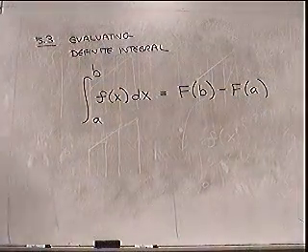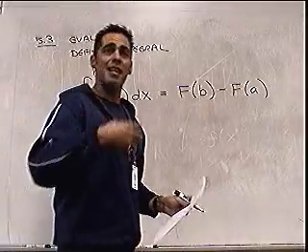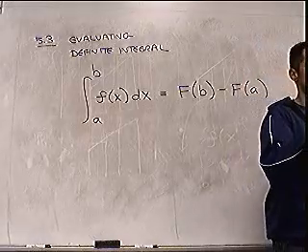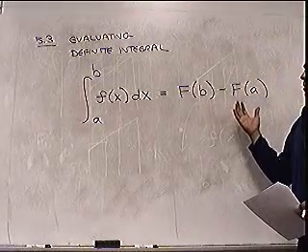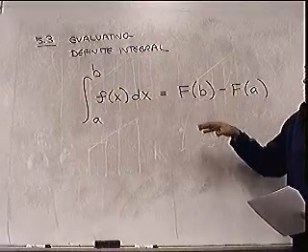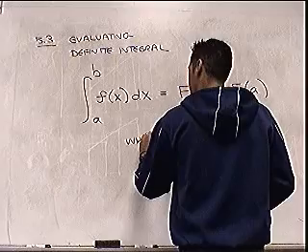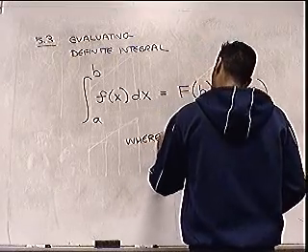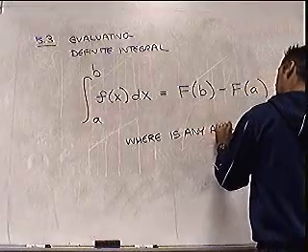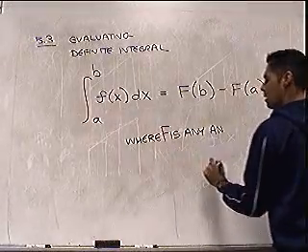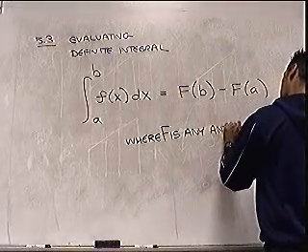But we talked about antiderivatives, and didn't we say that if you give me a function, there's an infinite number of antiderivatives, right? So which one do I use? Well, this little theorem here says that F is any antiderivative.